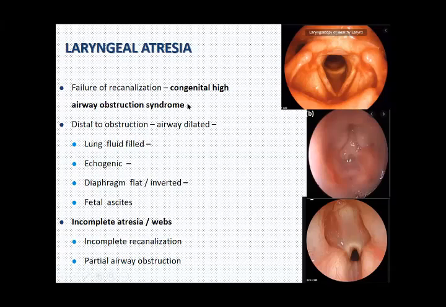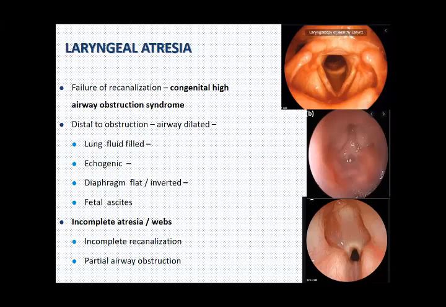Now what happens is that above, there is obstruction and the lumen is closed, but caudal to the obstruction, distal to the lumen over here, the lung dilates and gets full of fluid. As a result it is echogenic.